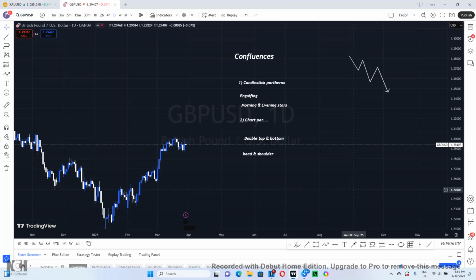Now if you are in a downtrend, a double bottom would tell you price wants to start rising, and an inverse head and shoulders will tell you price wants to start rising. So these are the first two confluences I will tell you about. In the next video, we'll talk about Fibonacci and other confluences we use to get our entries.